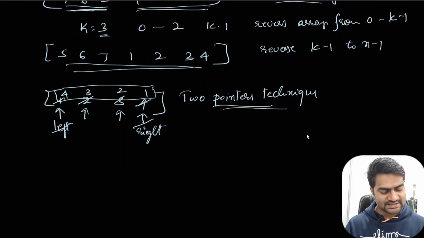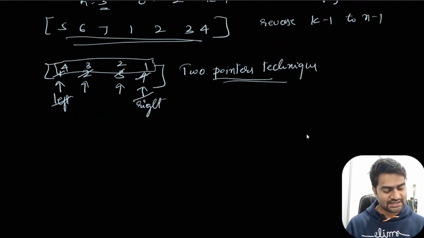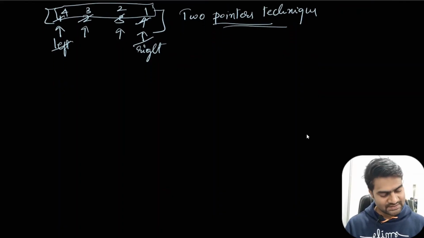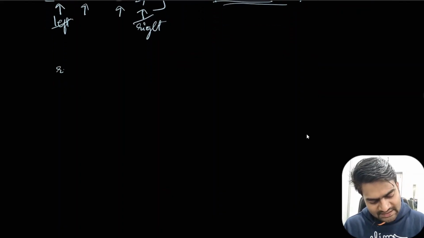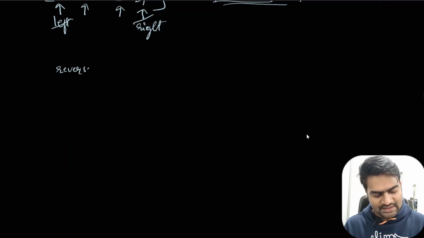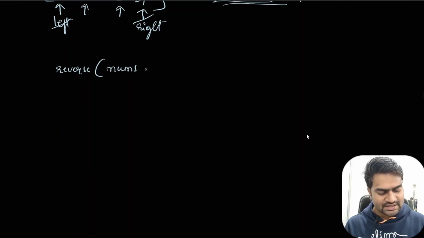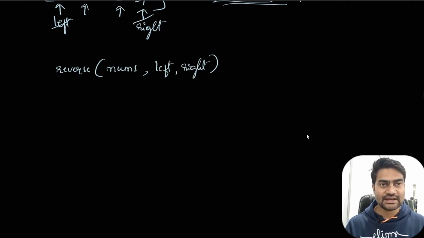Okay, so with this, let us try to write the pseudocode. First I will write the logic for reverse. I will send my array, nums, then left pointer and right pointer, or start and end, it's your choice.